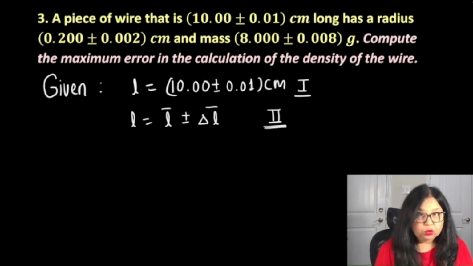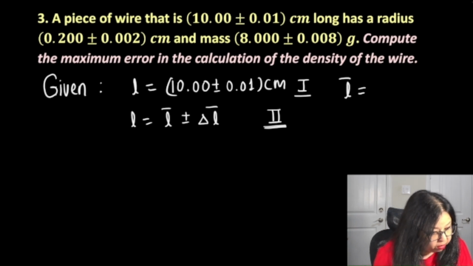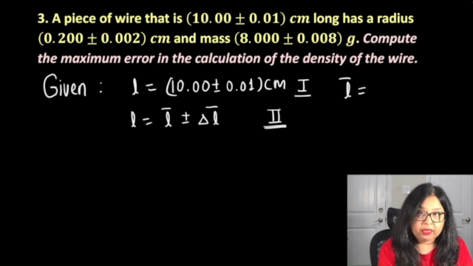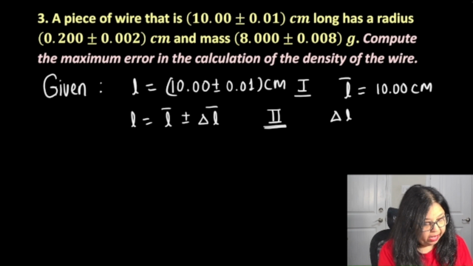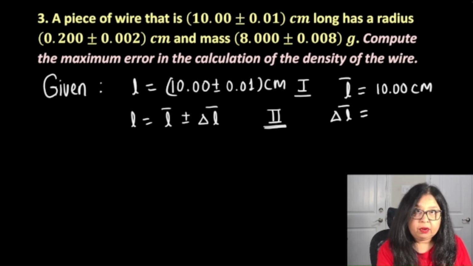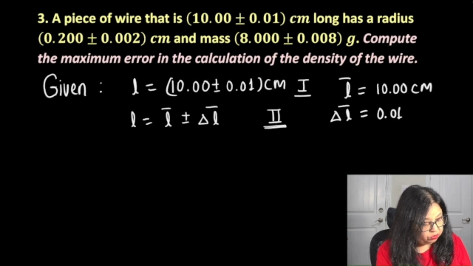So by comparing 2 and 1, you can very easily see that L bar, which is the average value of the length, is equal to 10.00 centimeters. And delta L bar, which is the mean absolute error in the length of the wire, is equal to 0.01 centimeters. Okay. Alright. So this is the length of the wire.